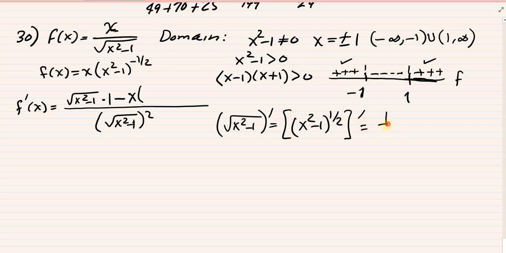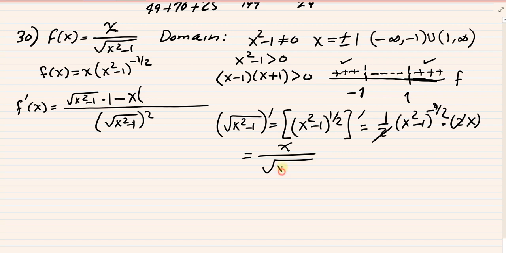So it's going to be 1/2 x squared minus 1 to -1/2 times 2x, right? Chain rule. The 2's come out. So it's going to be x over square root of x squared minus 1. And there we have that one. That's the derivative of the denominator.